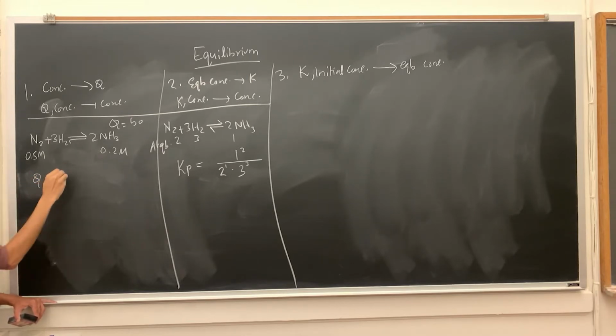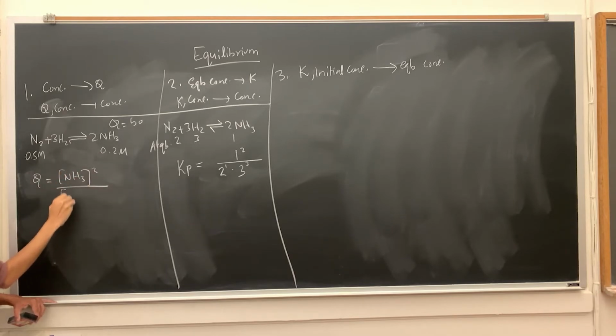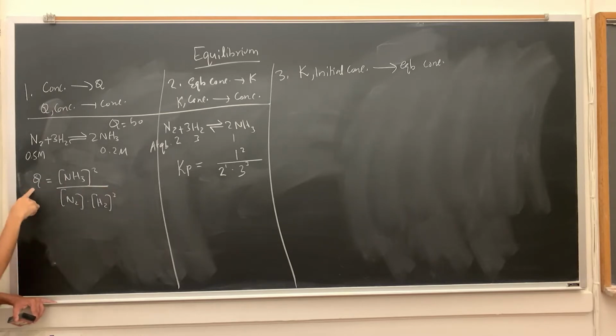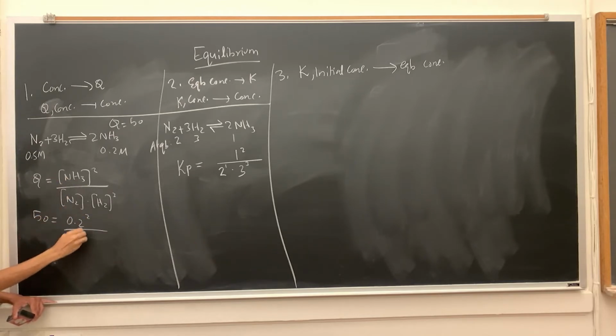Q equals, let me rewrite this. This time I've given you the left-hand side. NH3 is 0.2 squared, N2 is 0.5 to the power of 1, unknown, so x to the power of 3. Solve for x.